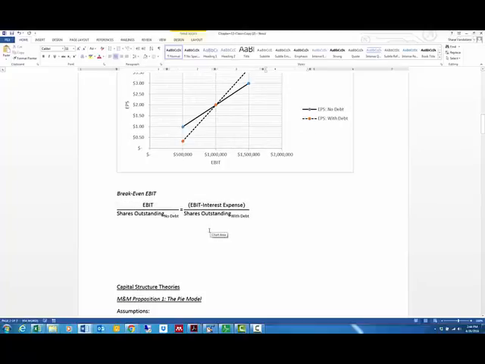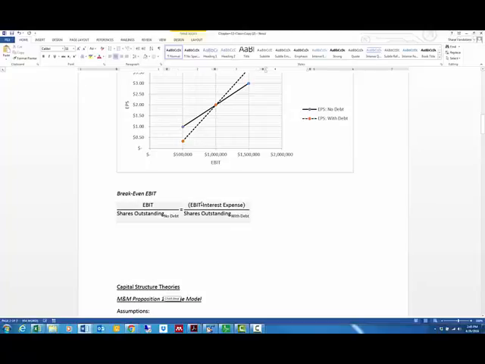So for the break-even EBIT, the calculation is a little bit different. We have our EBIT divided by shares outstanding with no debt, equal to EBIT minus the interest expense, divided by shares outstanding with debt.